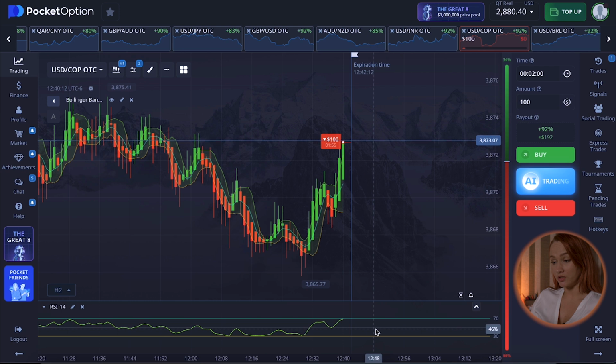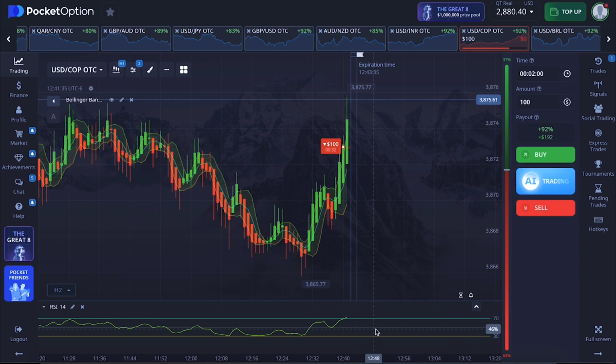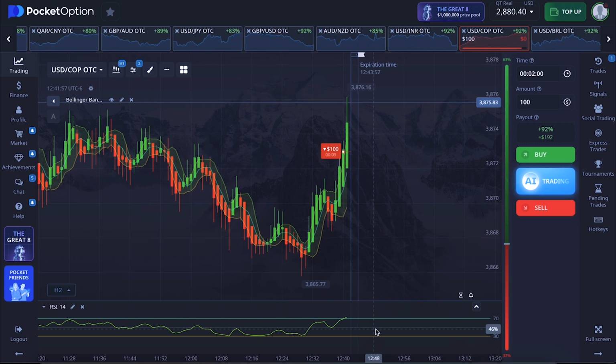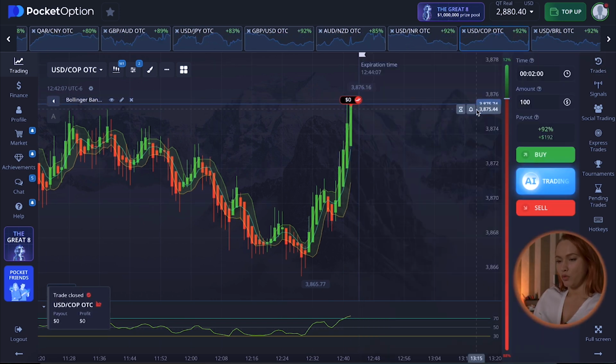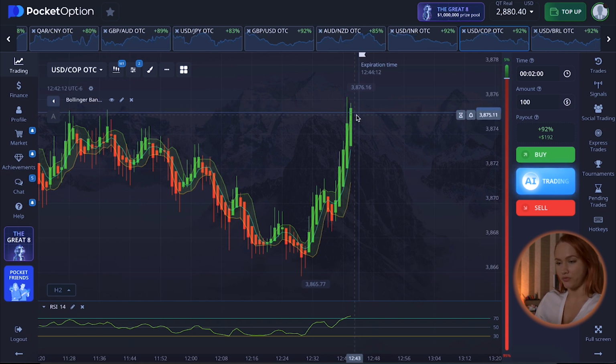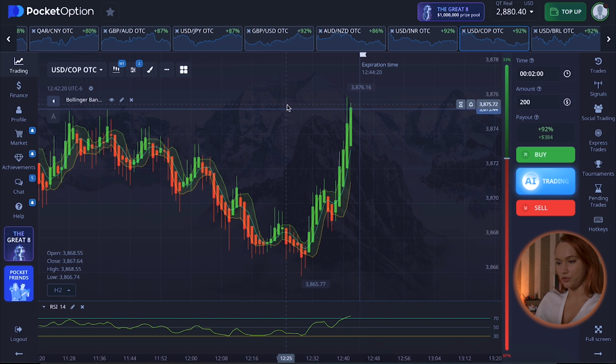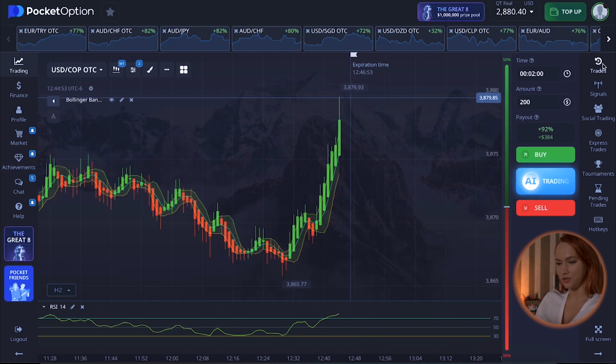We see almost an intersection of the RSI line 70. Well, we see that we did not have enough time to wait for the price to reverse, and just now the price has gone down. Let's increase the deal amount to $200 in order to cover for the negative deal.